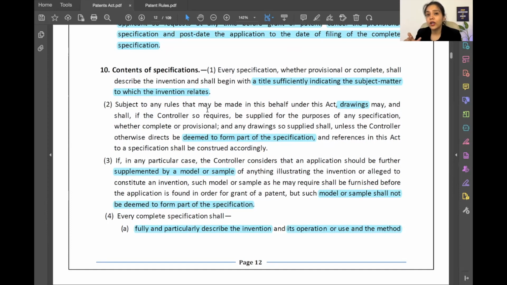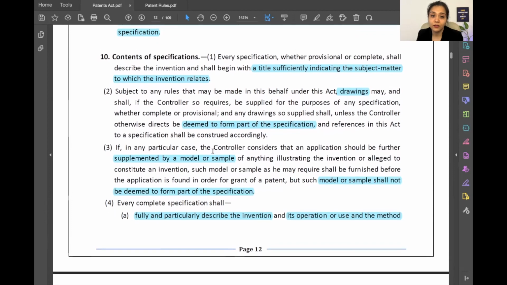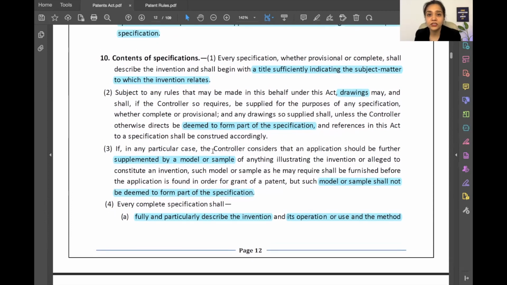So whatever you write in the preamble, the same thing you can write as your title, because the preamble should also indicate the subject matter of the invention, and the title should also relate to the subject matter of the invention. So at that point you will not have to think much, you can write the preamble and the title together. So that is one tip for the second paper. But yeah, when we discuss drafting, I'll give you some more tips regarding how to draft the patent specification in your exam. So let's come to subsection 2.